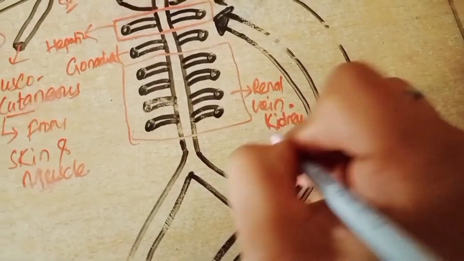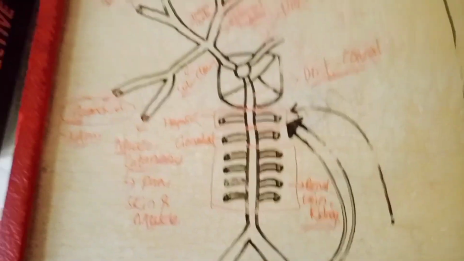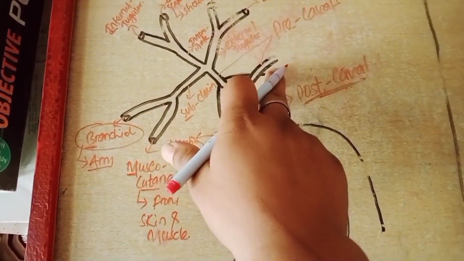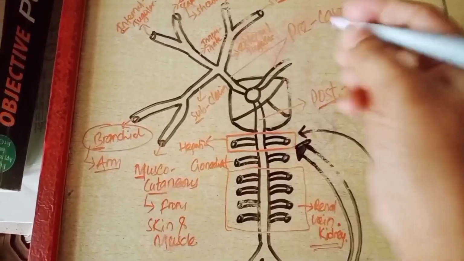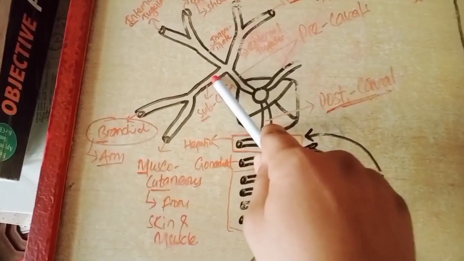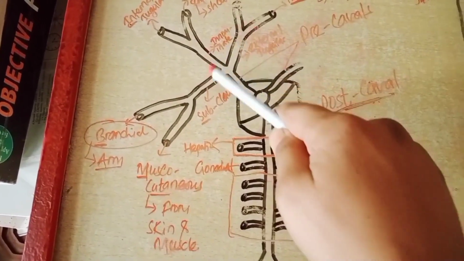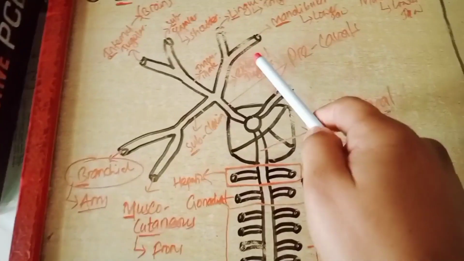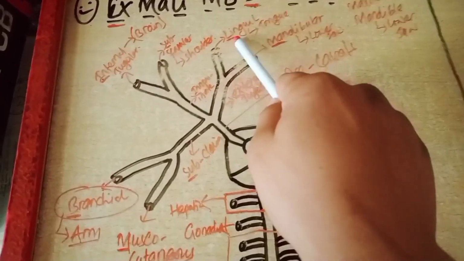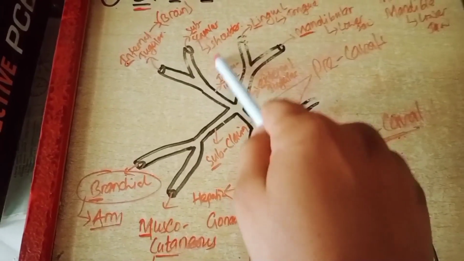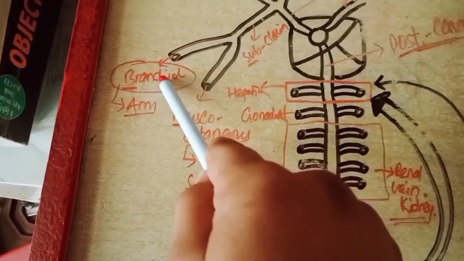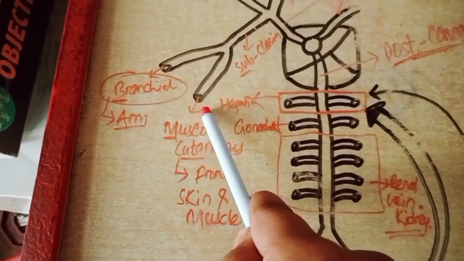So this is all about the venous system of frog. Precaval has three branches: external jugular, innominate, and subclavian, and each branch has its two branches. External jugular has mandibular and lingual, innominate has subscapular and internal jugular, and subclavian has brachial and musculocutaneous.